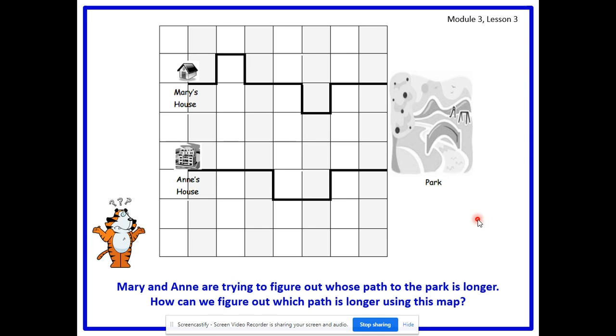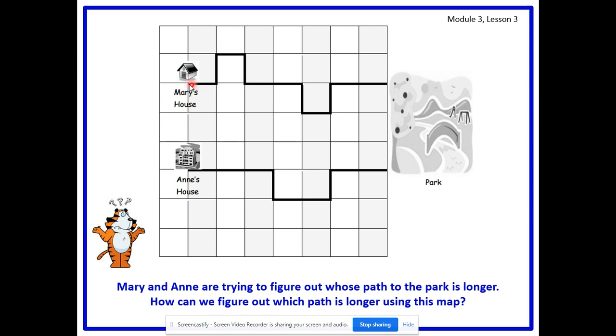Listen, these lines right here that you see are called city blocks. When you trace from one line, from here to here, that's a city block. We don't want to count the squares because we need to trace the path, which is made up of lines, not squares.